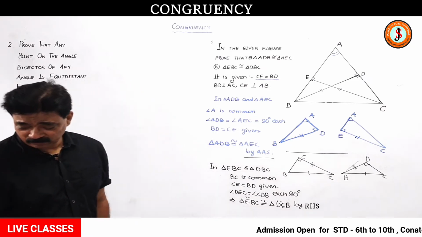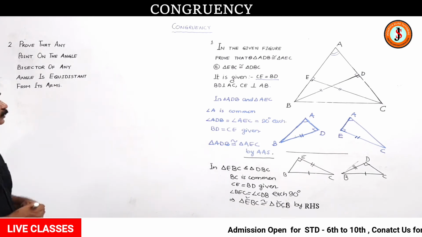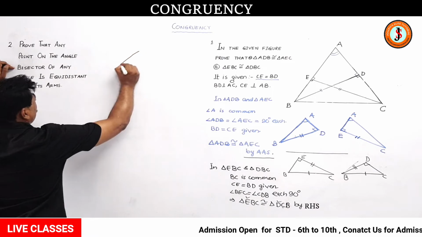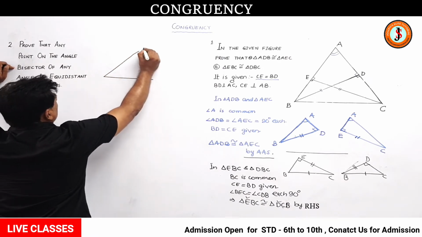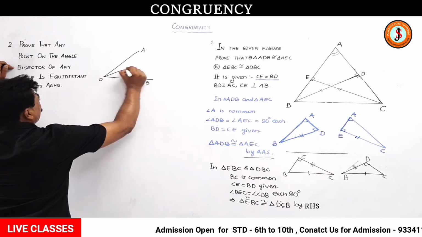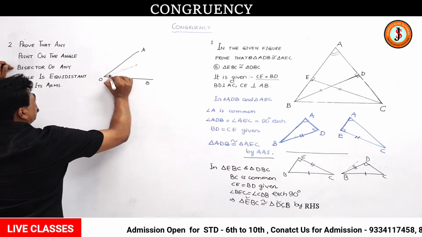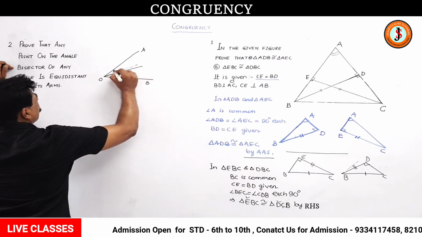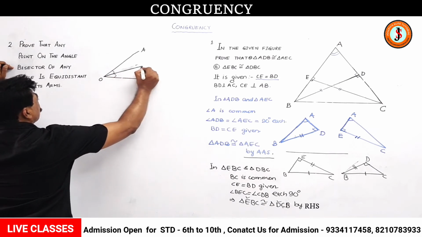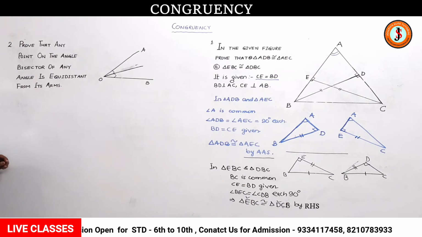Next question is even more interesting. This is used a lot of places. They say prove that any point on the angle bisector. So first we will make an angle AOB and then we will make the angle bisector. These two angles are equal. So they say any point on this line will be at equal distances from the two arms OA and OB.